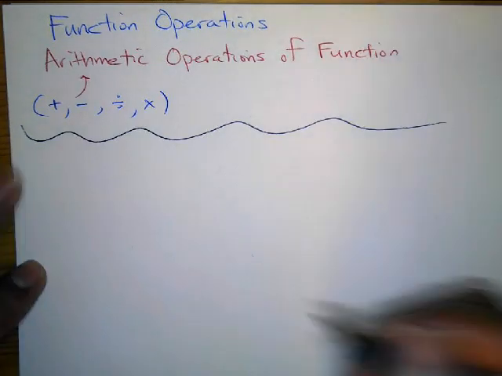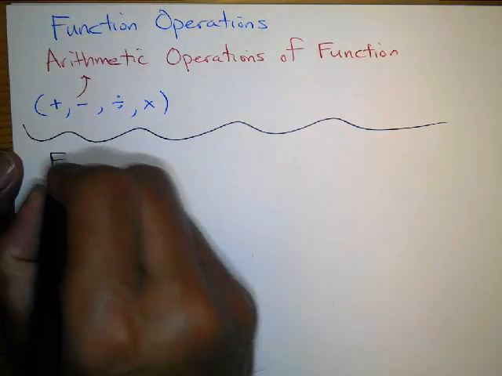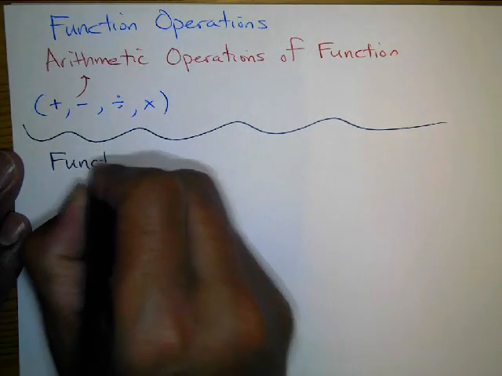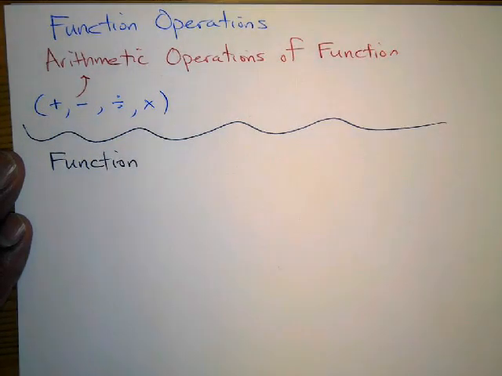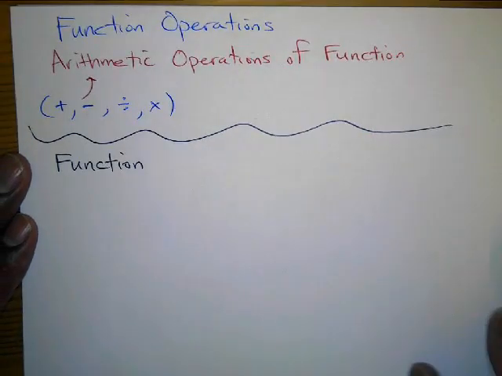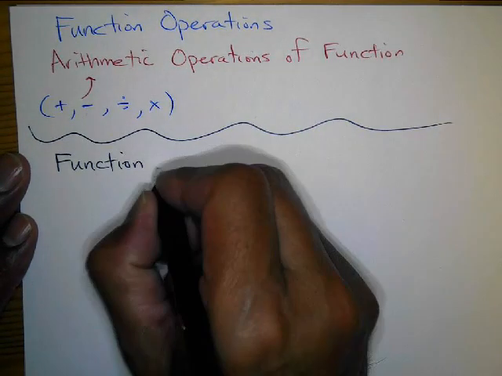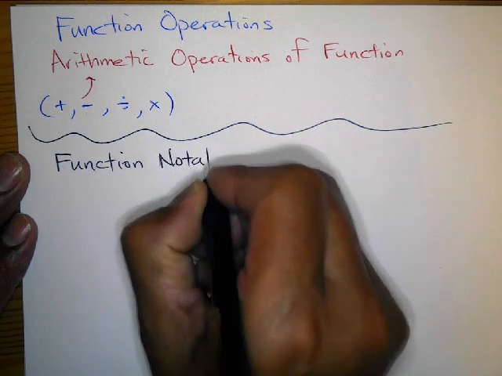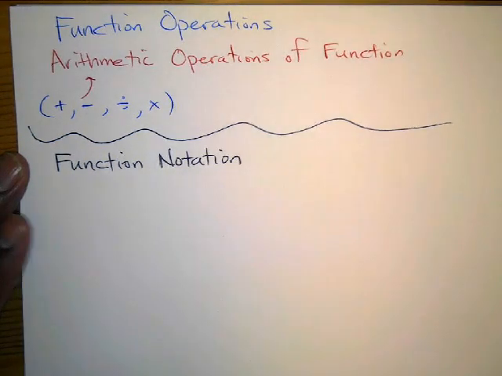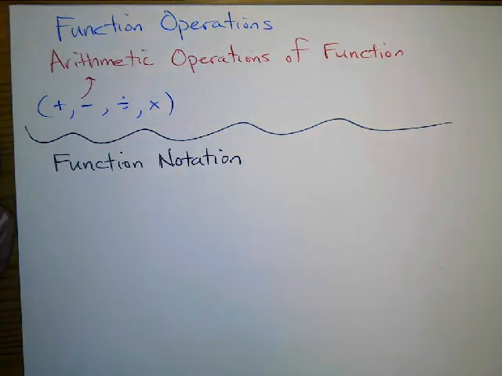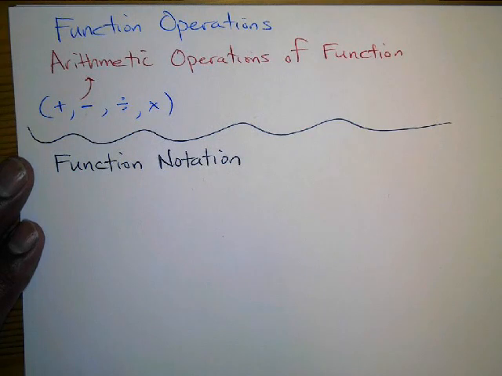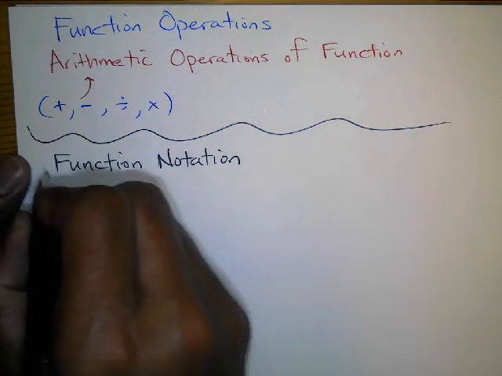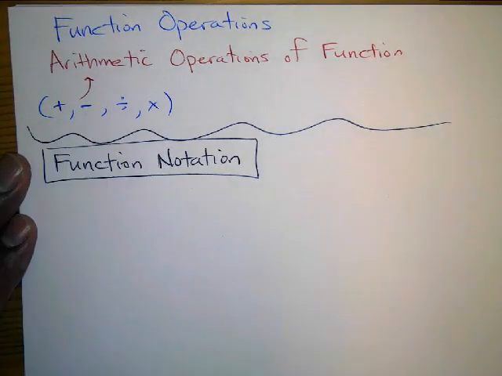The function notation, the way they're going to write it, remember they just try to make something look more complicated than it should be. That's the notation I'm talking about. It's going to look like this. Here's the one for the sum.